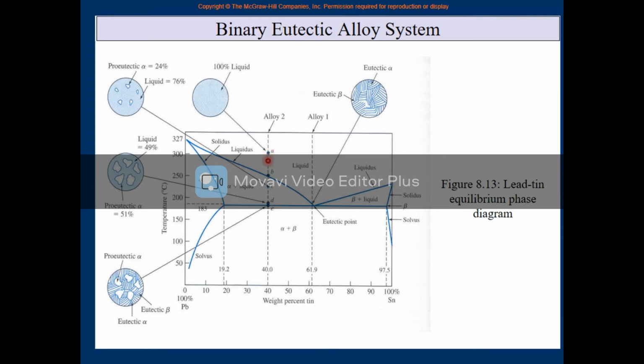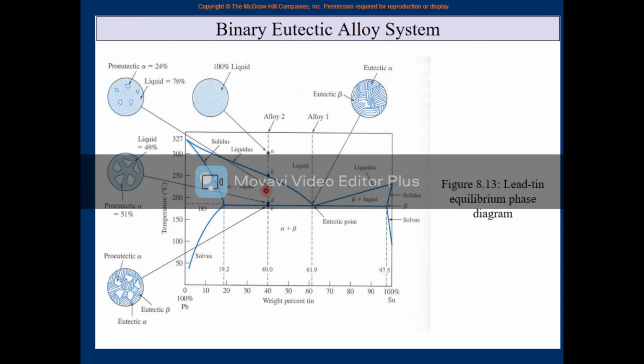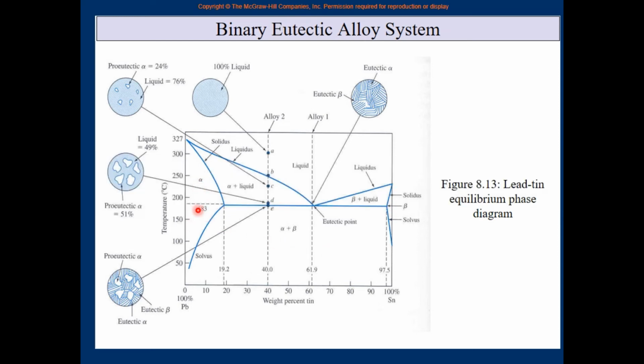If we drop the temperature until we just hit the line, as soon as we hit this liquidus line, some of the liquid starts to become solid. There is alpha solid on this side and beta solid on this side. Whenever there are two solid phases, on one side one solid forms, which is alpha, and on the other side the other solid forms, which is beta.